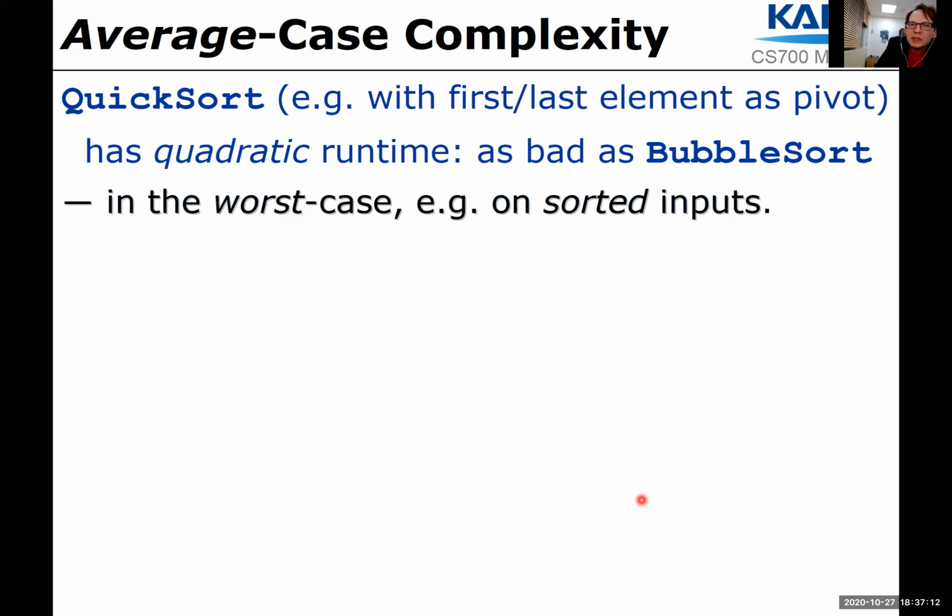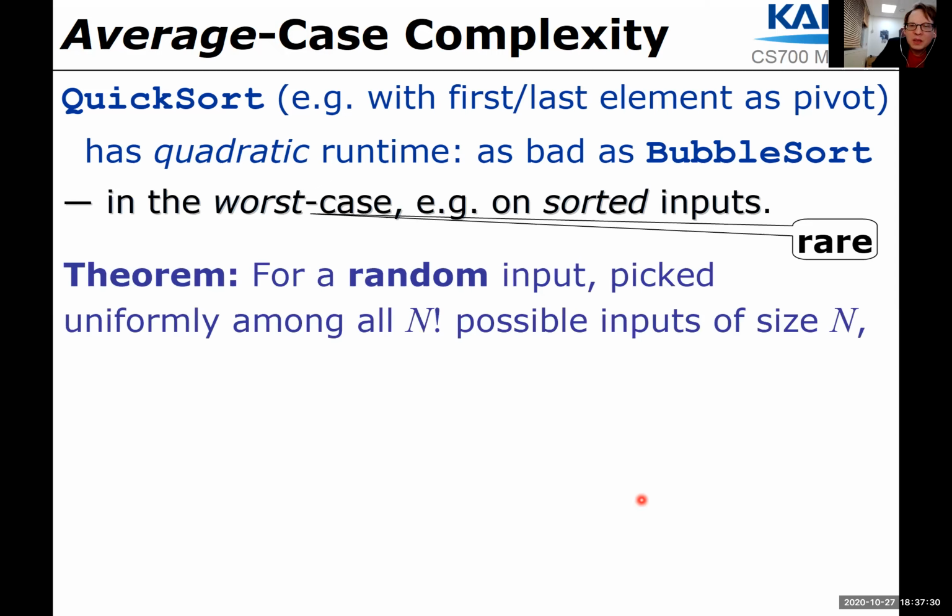So only in the worst case, this naive implementation of quicksort has a bad quadratic running time, but these are rare inputs. And in what sense are they rare? Can we formalize this? And indeed, one can.